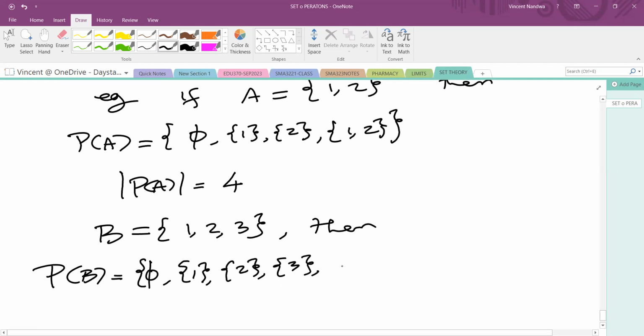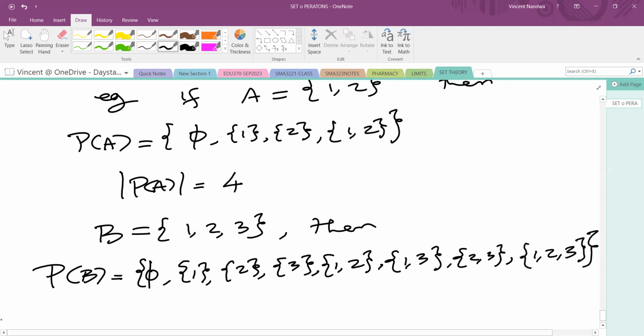Then subsets with 2 elements each will be formed by either 1 and 2, 1 and 3, or 2 and 3. So these are the only possibilities for having pairs when we have only 3 elements to choose from. And then we can also have the whole set. And here, the cardinality of the power set of B will be given by 1, 2, 3, 4, 5, 6, 7, 8.